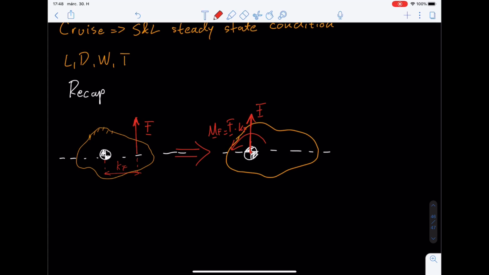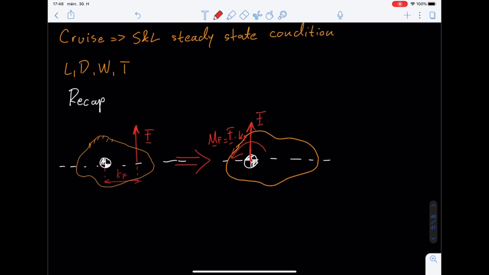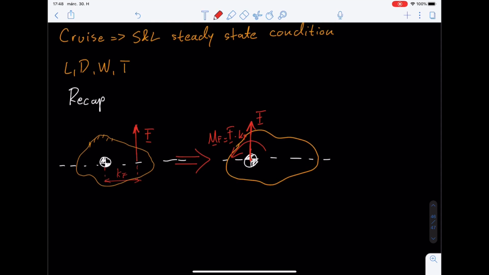And the tendency of the body to rotate around the center of gravity in a counterclockwise direction because of the mass is still present. So we can do this simplification.